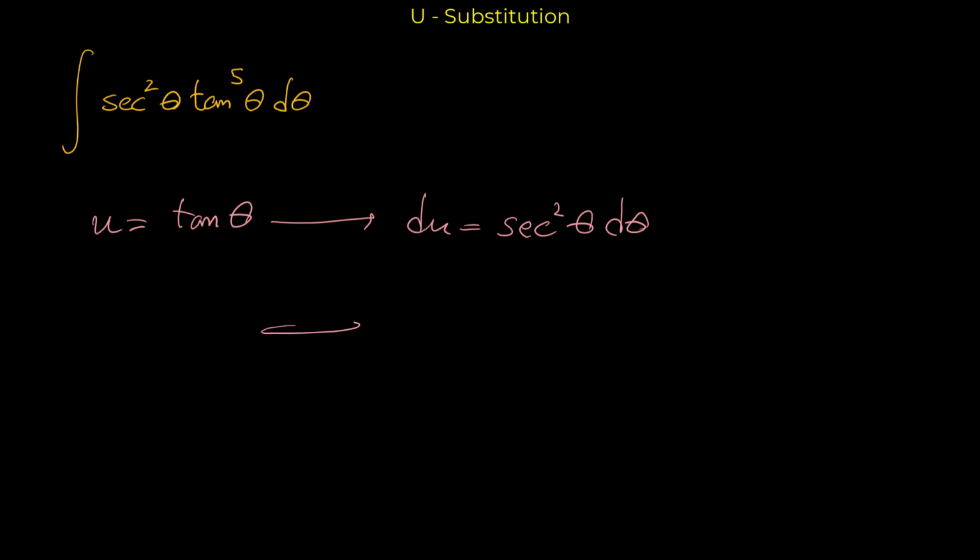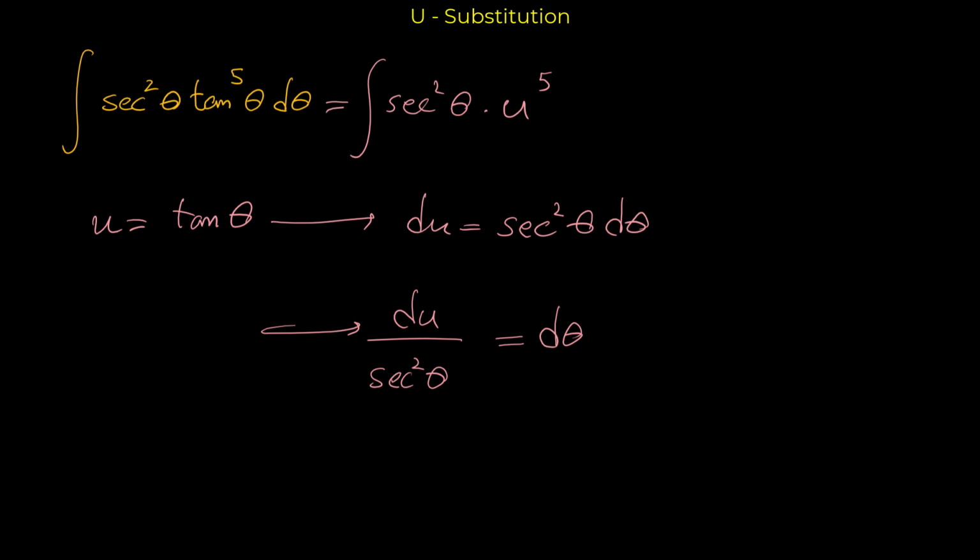Again, solve this relation for d theta. D theta would be du over secant to the 2. Start substitution. Secant to the 2 theta times tan is u, so tan to the 5 is u to the 5. And d theta is du over secant to the 2.